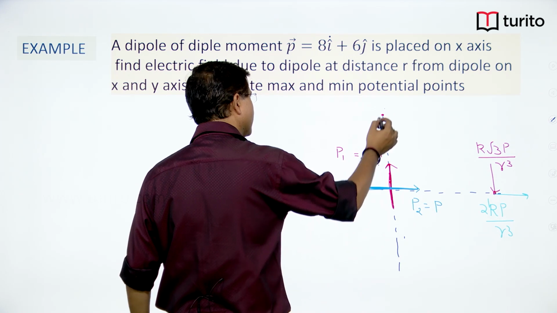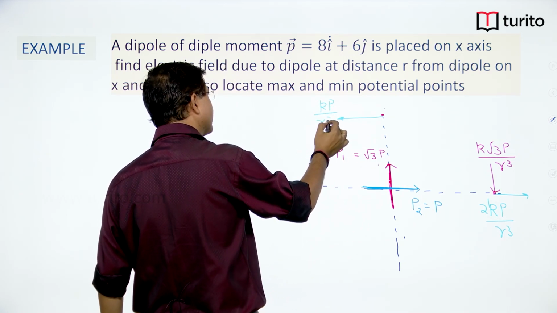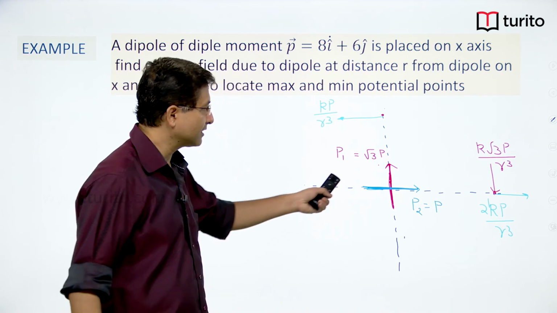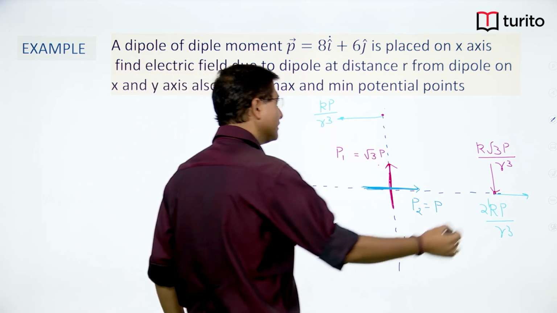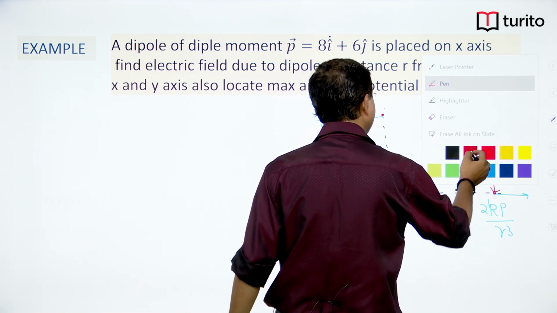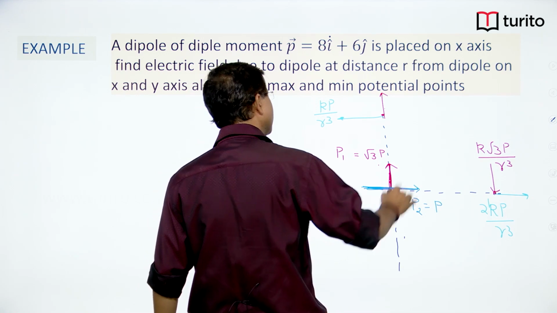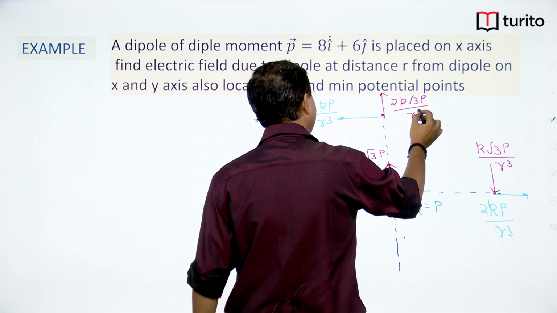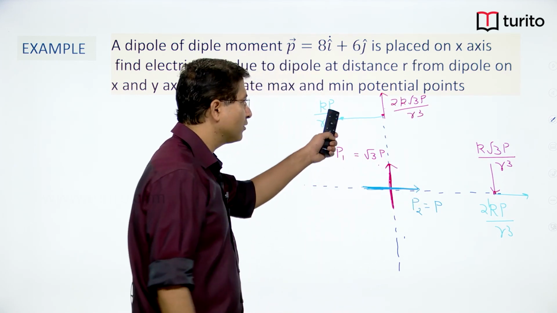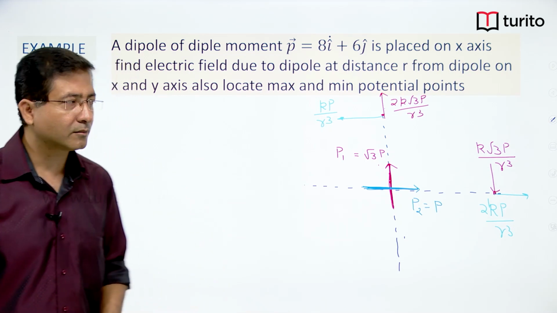Because of this one the field here will be Kp divided by R cube, direction opposite to the dipole moment, and because of the red one it will be in this direction and the value will be 2k times √3p divided by R cube. Writing them in ij vector form, I will get the field in the space in vector form.